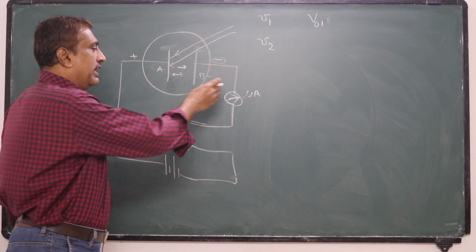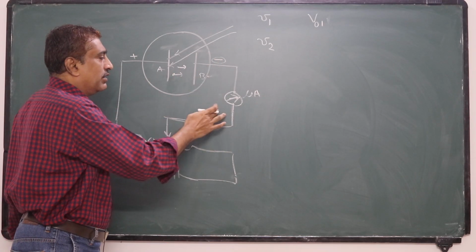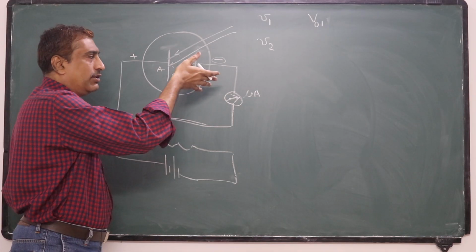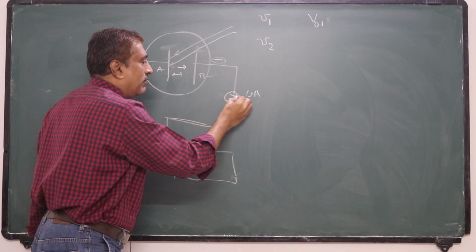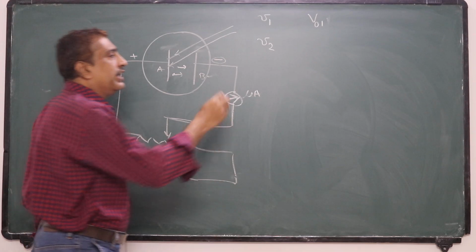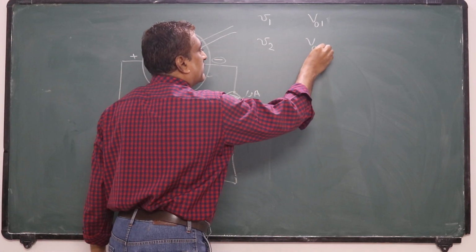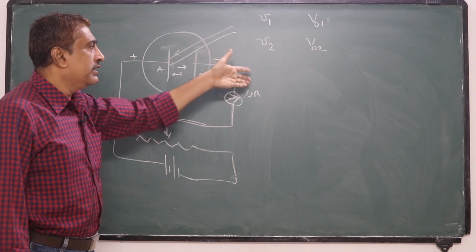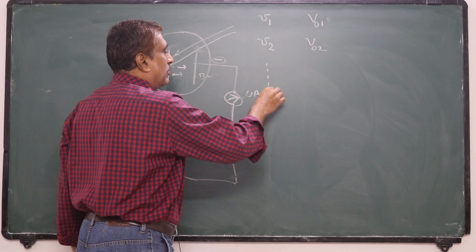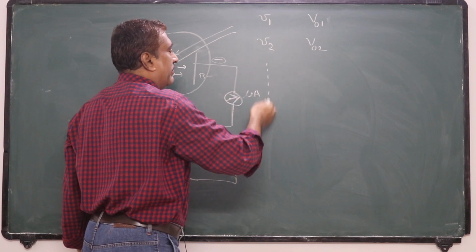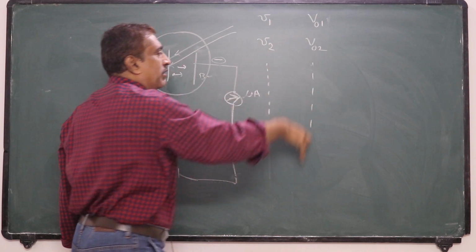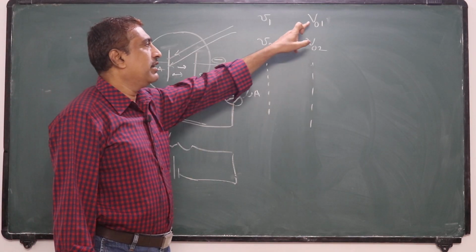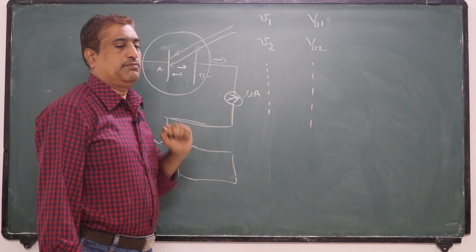That means first the potential is made 0 so that current flows through this ammeter, and now the negative potential is increased slowly, and at a particular potential value this current becomes 0, and he noted this as V2, the stopping potential for the second frequency. In this way he slowly changed the frequencies, and for different frequencies of light he got different stopping potentials.